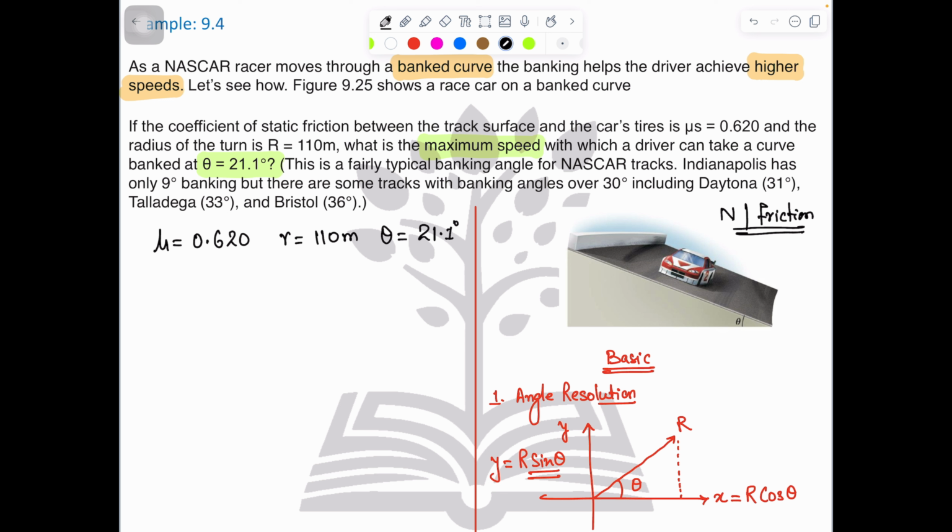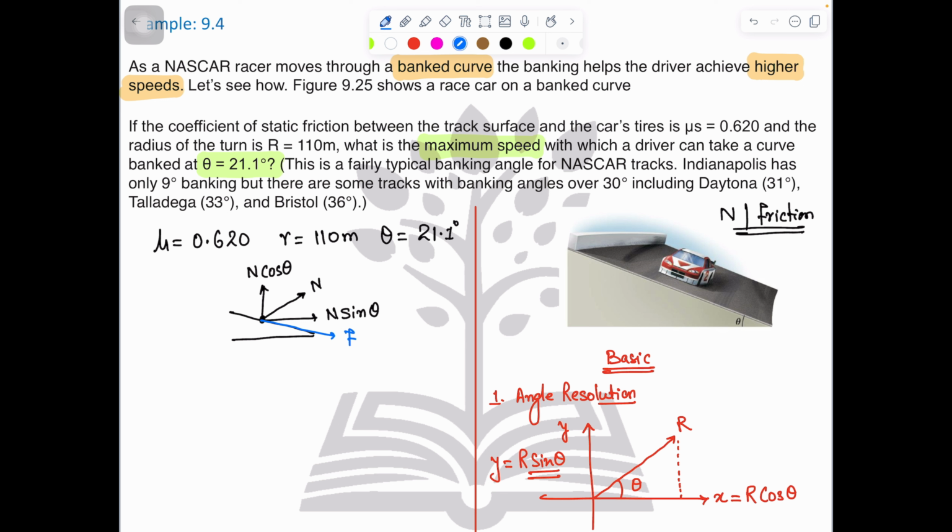Till here clear, guys? No problem? Okay. Guys, now what do we need to do? We need to form the equation and we need to solve it. As we know, if we solve this diagram, I already told you, take this and this is your normal, and the normal has two parts. This one, n cos theta, and this one is your n sine theta. Yes or no? Okay, take the second color, friction.